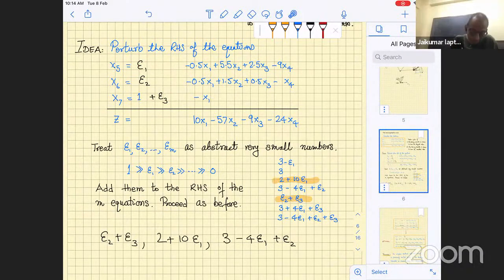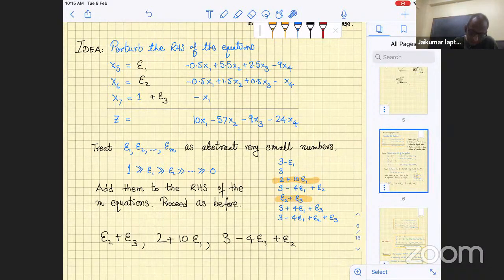Because we put distinct values there, the ambiguity has been removed, and we choose the one where raising x1 causes the problem. So how much are we going to change x1 to? We are now going to change x1 to 2 epsilon 2. Okay, and we are going to eliminate x1.